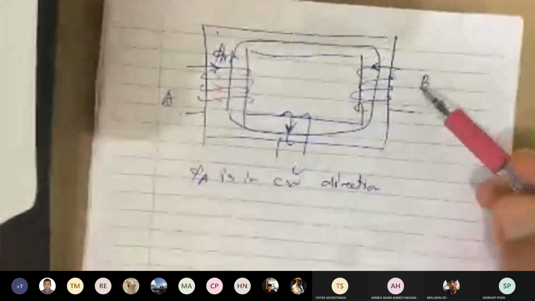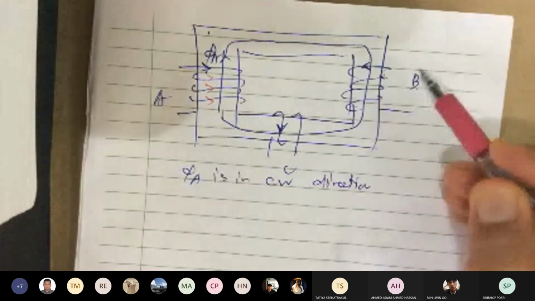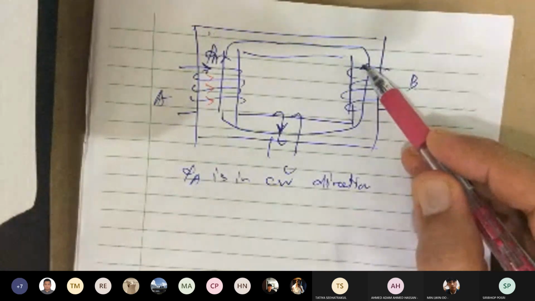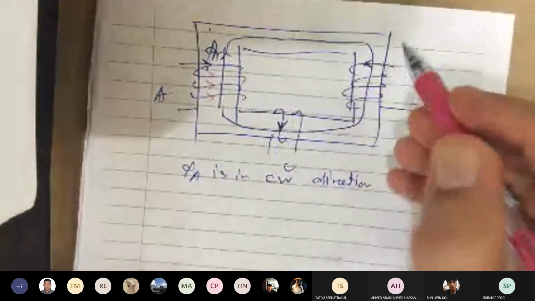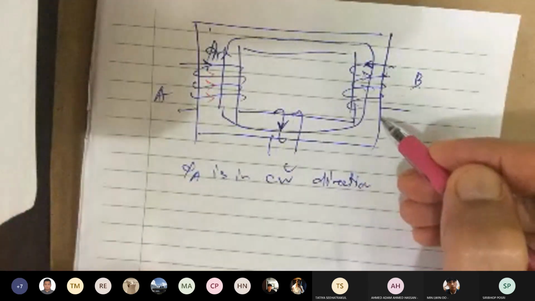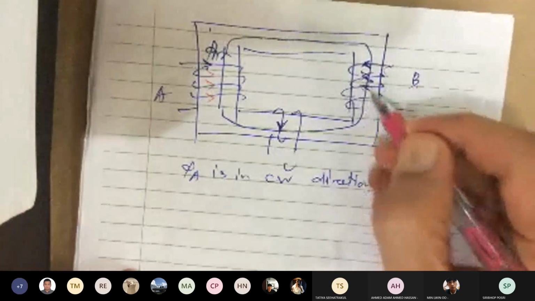Okay, similarly in coil B, look at that current. I gave it to you in the beginning. You do the same thing. If one's going that way, the rest has to be the same. It's not possible for one to go that way and the other the other way. Obviously, by logic, if that one goes to the left, this one has to be the same.